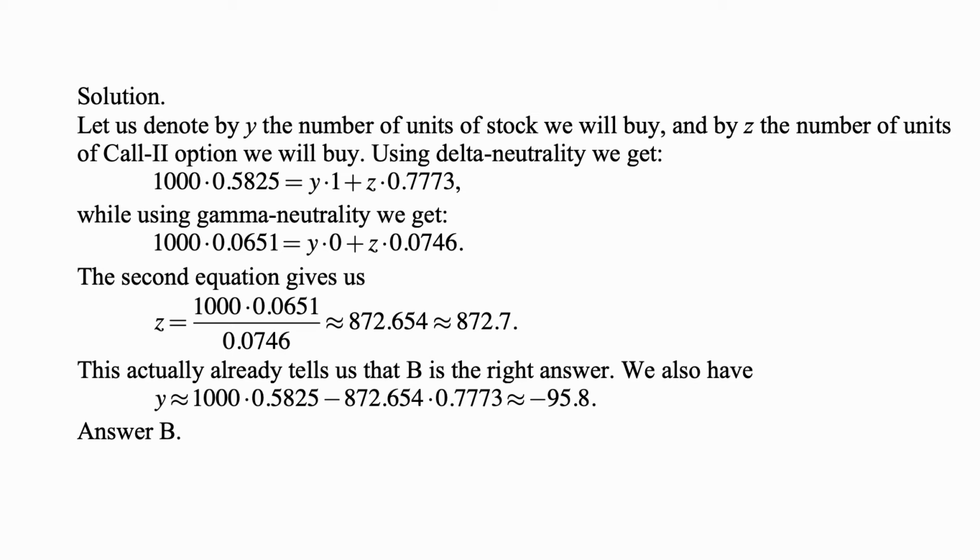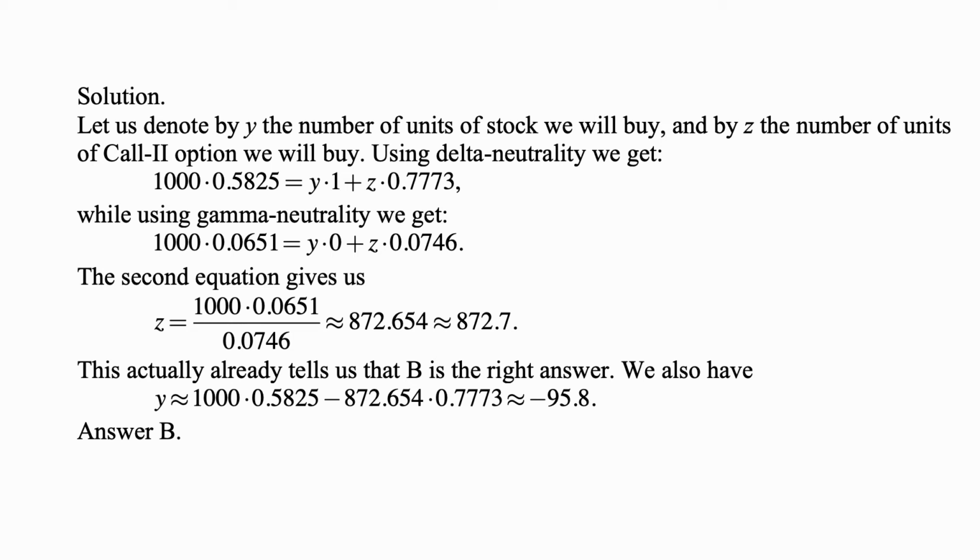So using delta neutrality, having the delta of both positions being the same, the delta of 1,000 units of call 1 is 1,000 times 0.5825, and the delta of Y units of stock and Z units of call 2 will be Y times 1 plus Z times 0.7773.